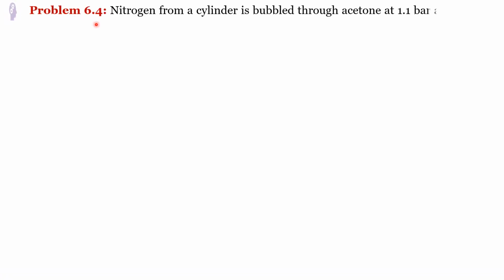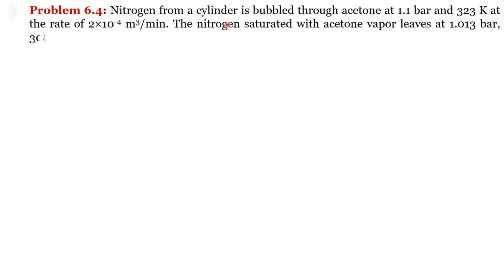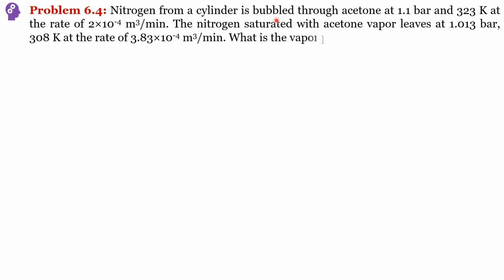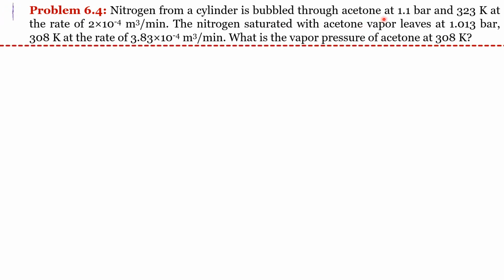Problem number 6.4. Nitrogen from a cylinder is bubbled through acetone at 1.1 bar and 303 Kelvin at a rate of 2 into 10 raised to power minus 4 meter cube per minute.